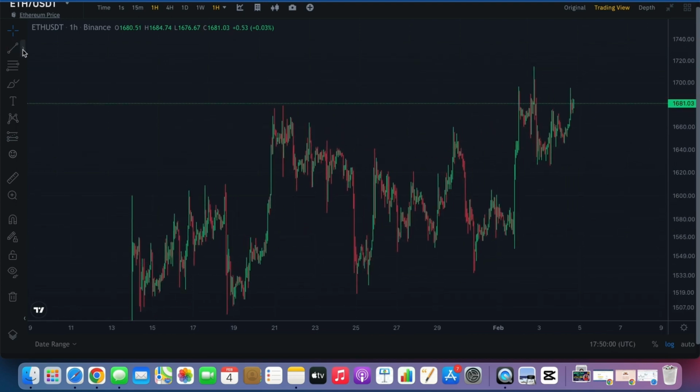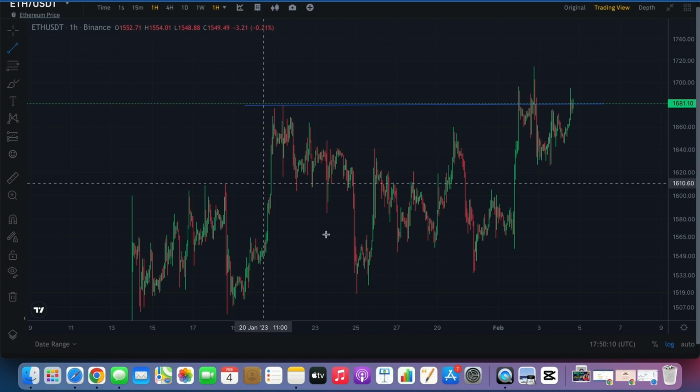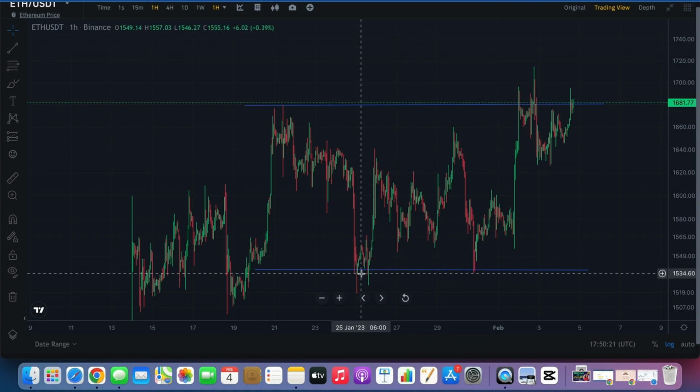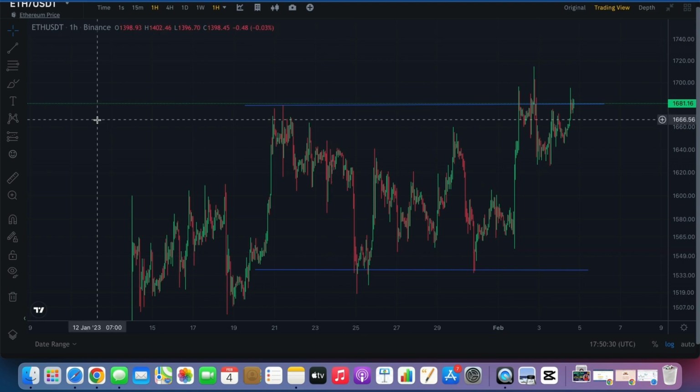You can select this trend line, and you can draw this as a resistance line, and you can draw a support line like this. But the thing is, price never respects just one line. It is an area, a support area and resistance area. So you can draw support and resistance areas like this.